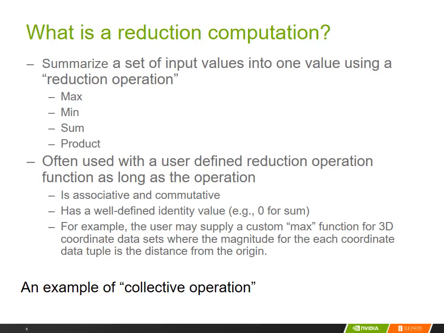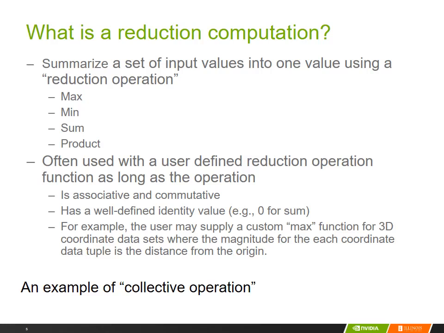We could also have a situation where the users may supply a custom function for calculating reduction. As long as these functions come with an identity value, and the execution of these functions is associative and commutative, we can just use that function as the reduction operation.